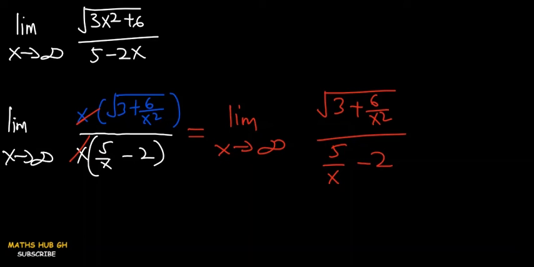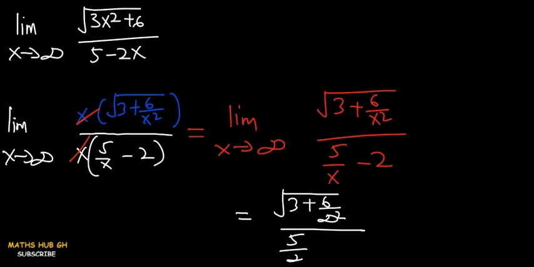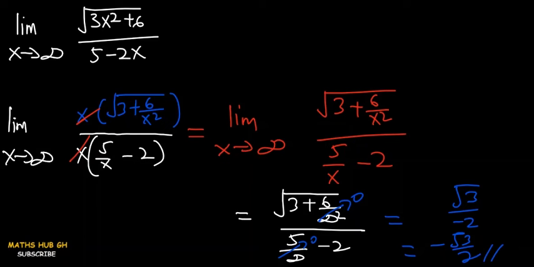This is what you are going to have. So let's do the direct substitution again. If you do that, you are going to have 3 plus 6 over infinity squared divided by 5 over infinity minus 2. This value will approach 0, this value also approaches 0. So at the end, you're just going to have the square root of 3 divided by minus 2, which will be equal to minus root 3 on 2. So this will be our answer.